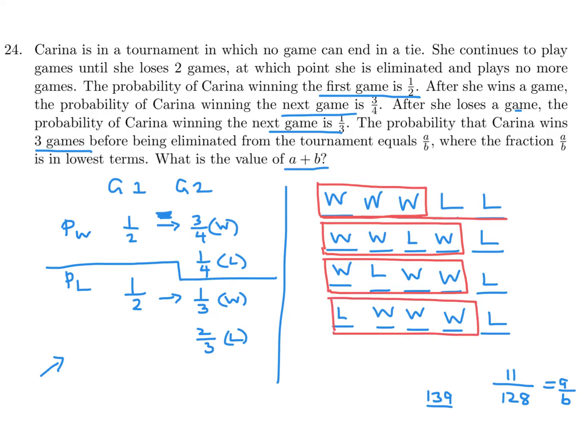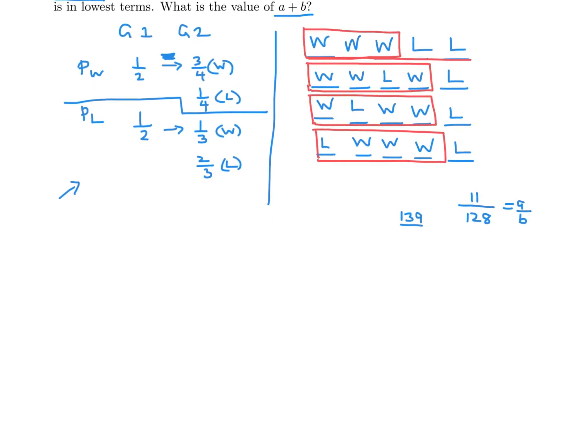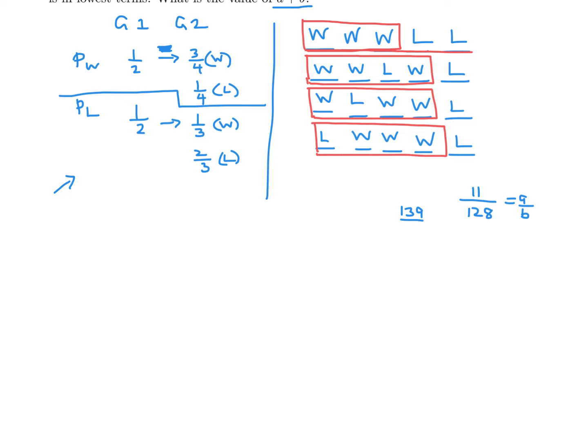Because they're saying that is what's being asked, the probability that Karina wins 3 games before being eliminated from the tournament. You see what I'm saying? I don't know if I agree with that, but that's what the official solutions are saying, so I guess we go with the official solutions. Whatever. Okay, so let's calculate that.